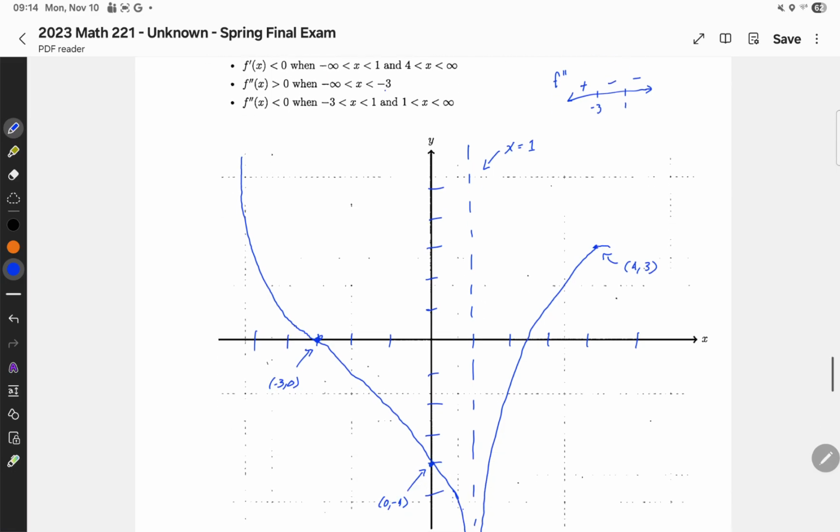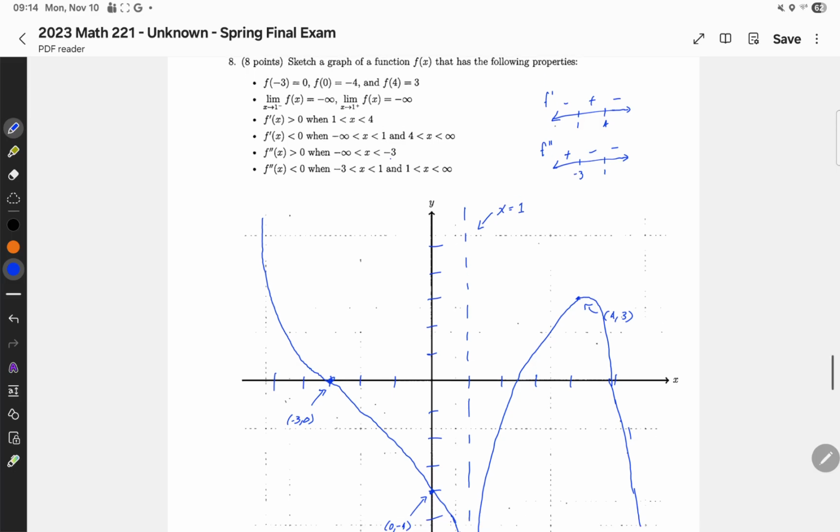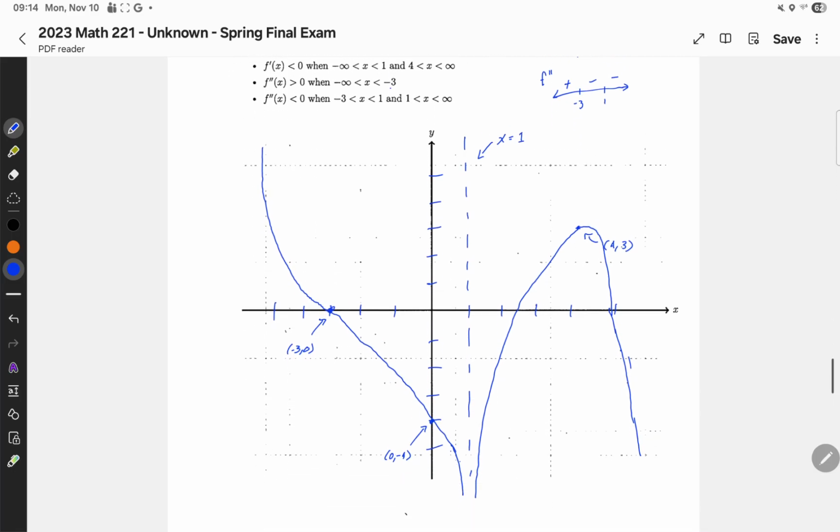So we're going to have a point there where we flip back down. We're going to keep going off and off, just like that. Oh, I got both of them. There we go. All right, and that looks just about right. Double check the derivatives. Those look right. Second derivatives also look right. And that is question 8.